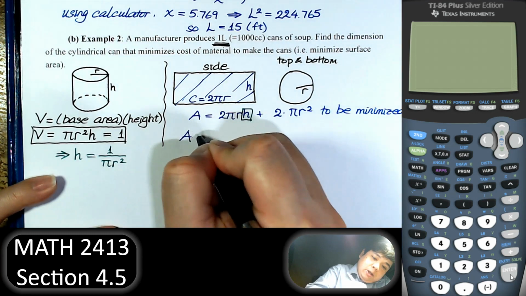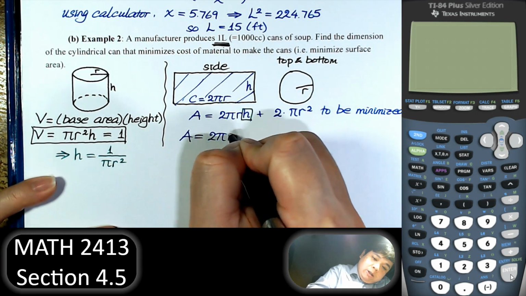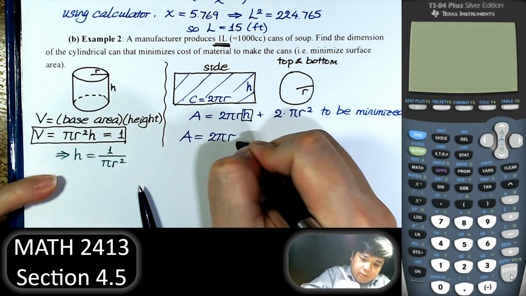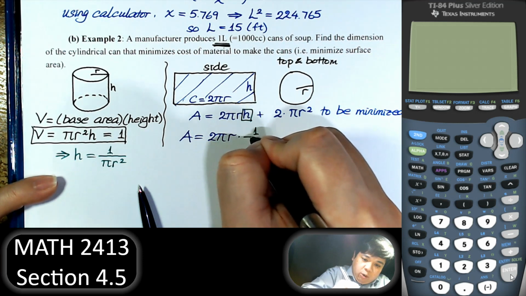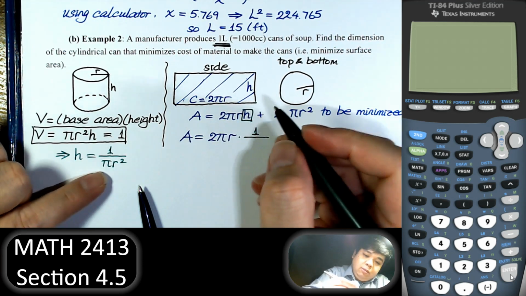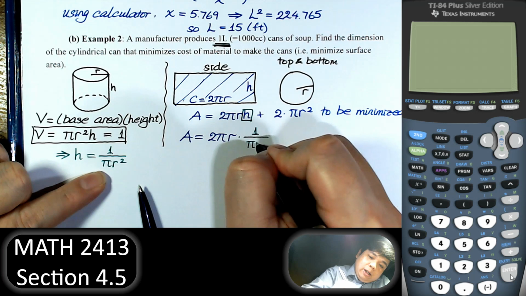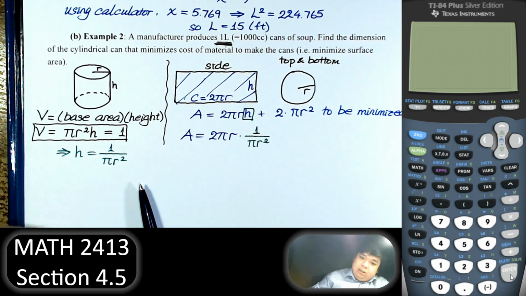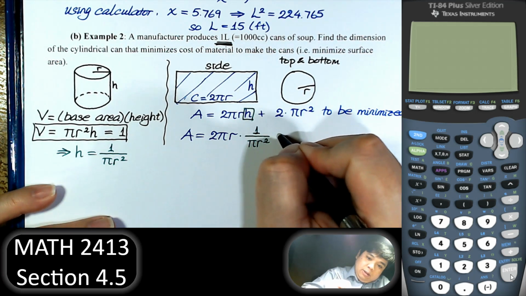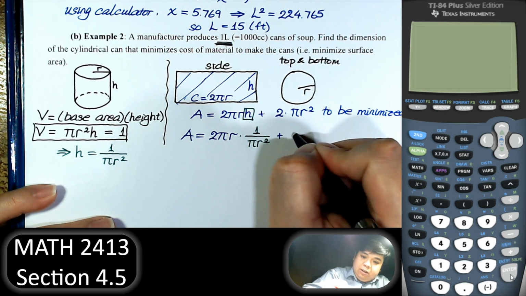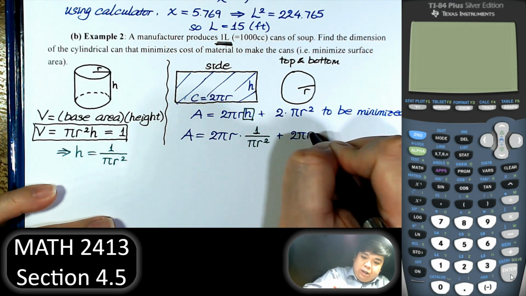So A equals 2 pi R times 1 over pi r squared, plus 2 pi r squared.